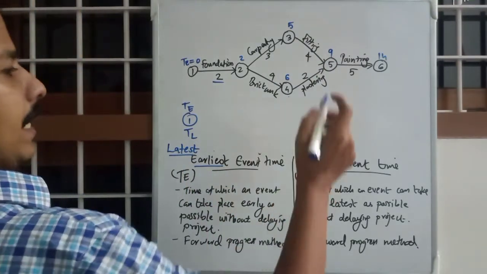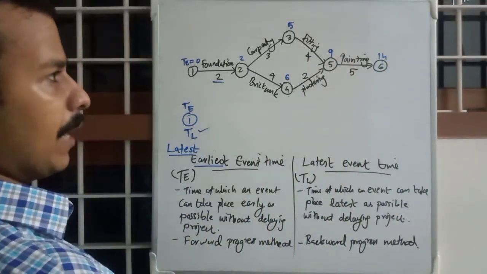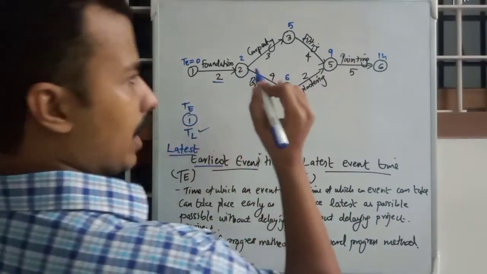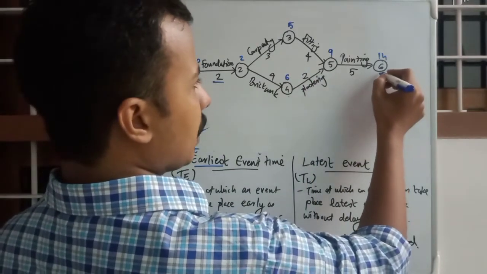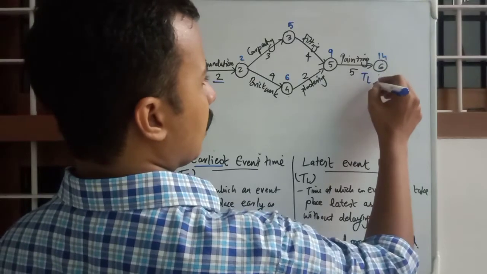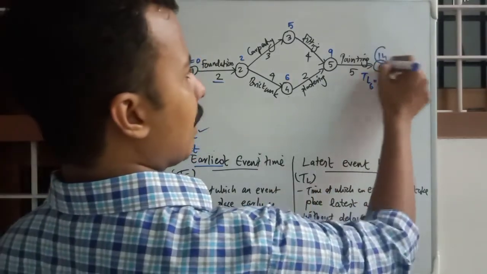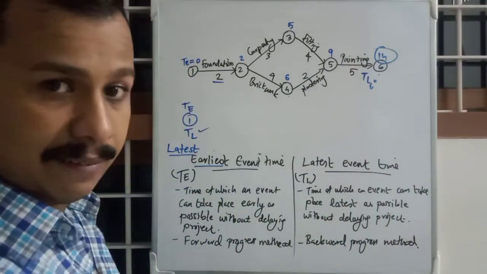For calculating TL, now we are going to calculate TL of each event. We will start from TL6. TL6 will be equal to TE of the final event.